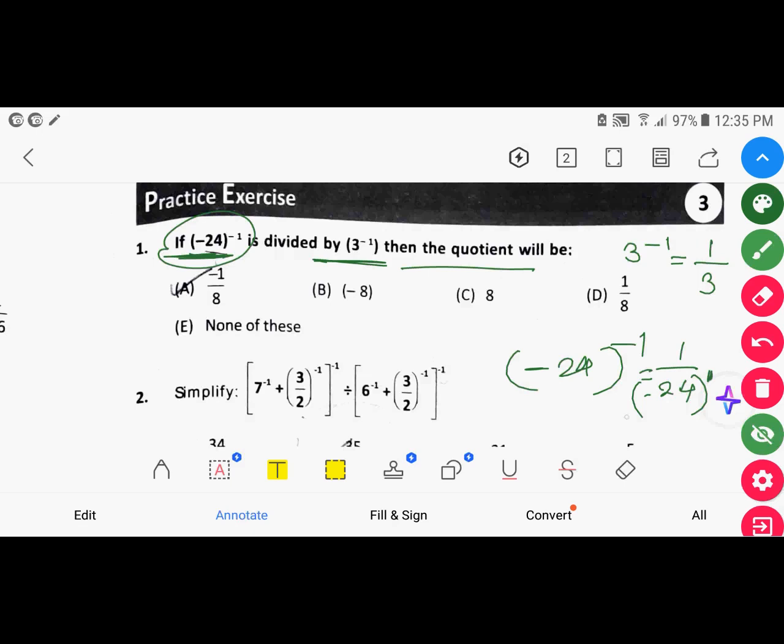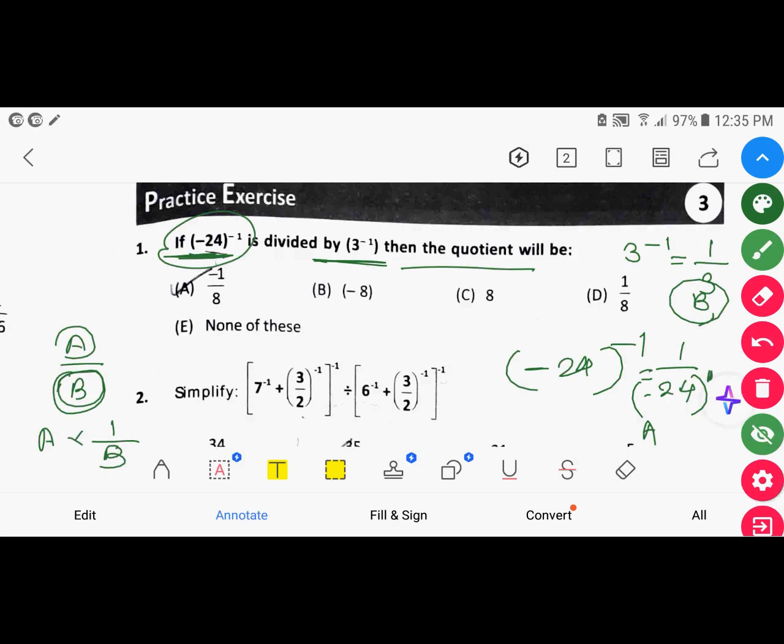So I already told you that suppose this number is A, this number is B. If A is divided by B in rational numbers, we have to multiply A with the reciprocal of B. So the denominator of B becomes the numerator and the numerator of B becomes the denominator.